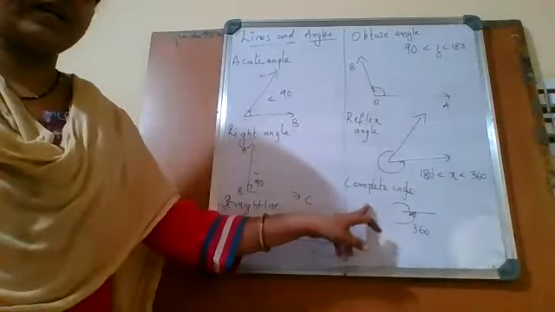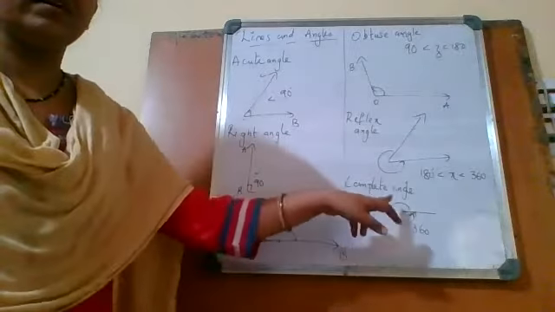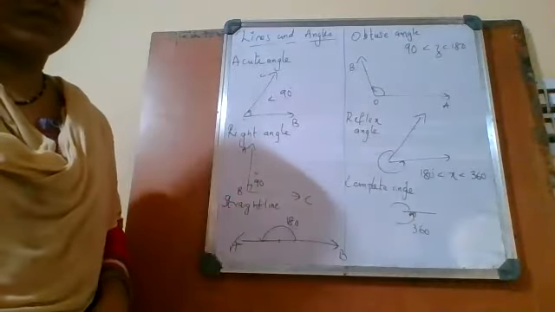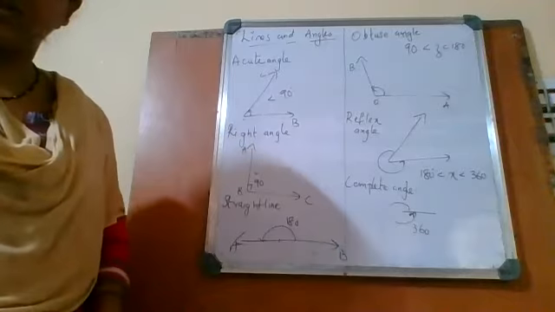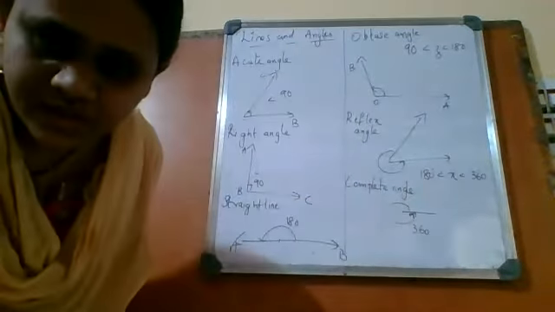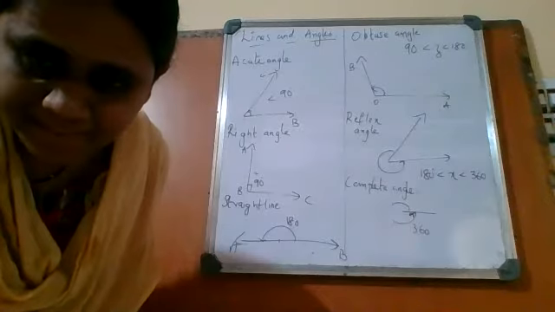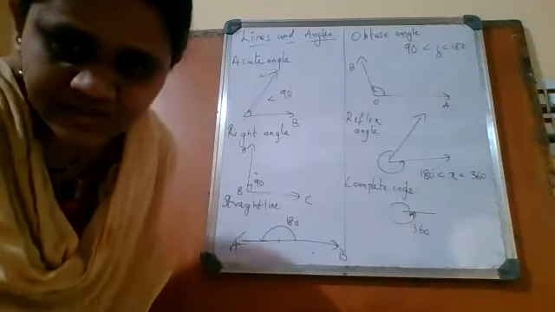Next, complete angle. One complete rotation is called a complete angle. Is it clear, dear students? If you have any doubt with these definitions, you can ask me.